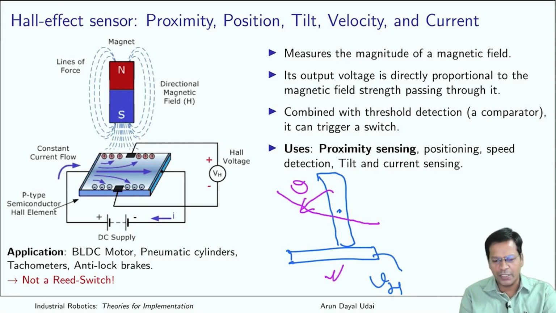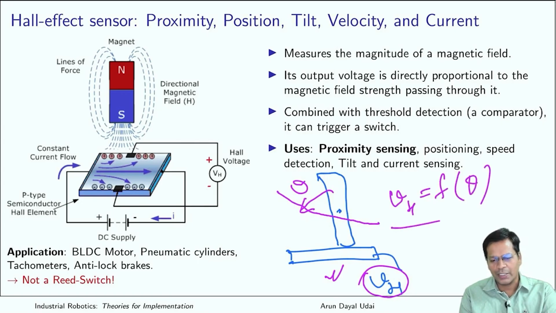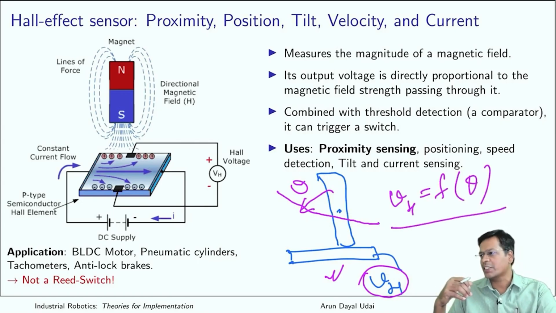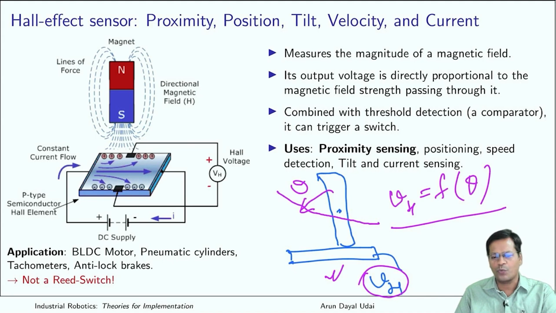So changes in the field will have changes in the Hall voltage. Now the Hall voltage is a function of angle theta. If you can detect that function using some calibration experiment, you can use this to find tilt also. Okay, so you got the idea actually.